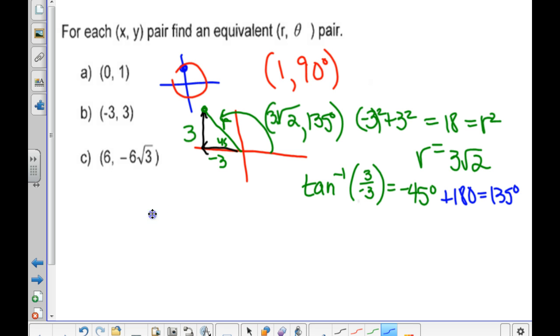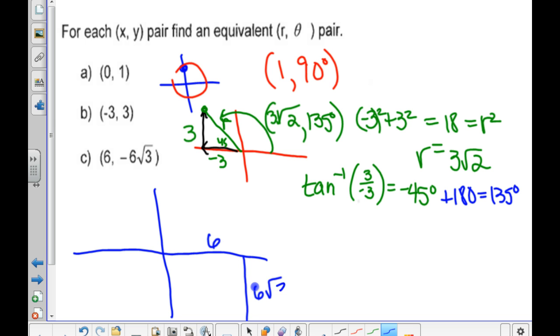Let's try C. Again, this is really much easier if you know the special right triangle. It is a 30, 60, 90. If you go over 6 and down 6 square roots of 3, I made that not very proportional, but does anybody remember? This would be the short leg, the long leg, and the hypotenuse.